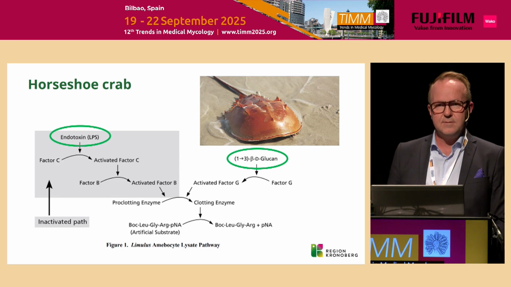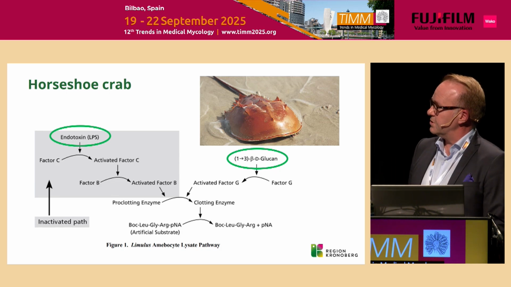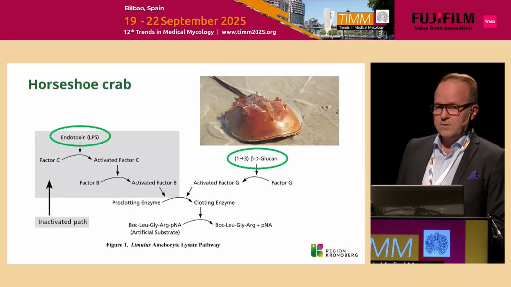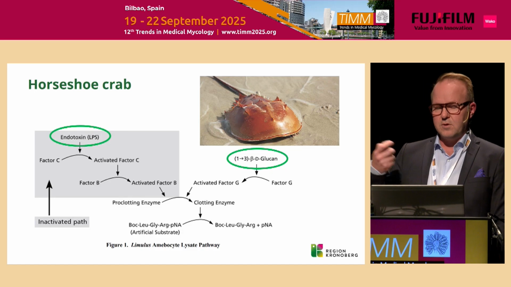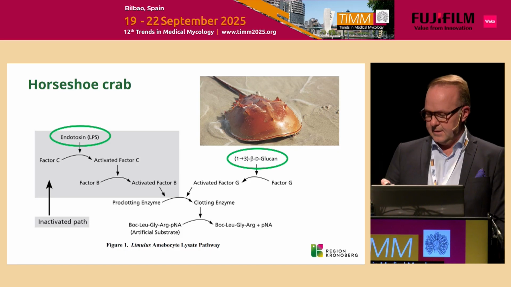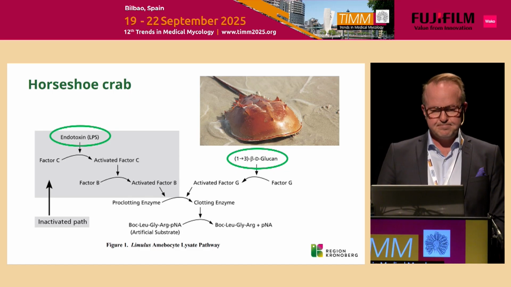So the blood basically coagulates around the site of infection, and this can then be used for diagnostic purposes, and this substrate can be replaced by an artificial substrate, for example, a chromogenic one, and so on. So this is called the Limulus amebocyte lysate pathway.